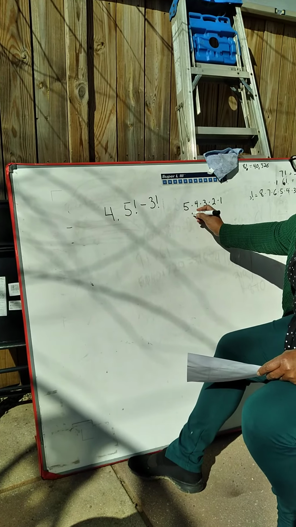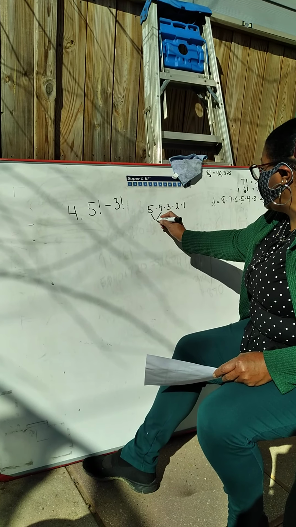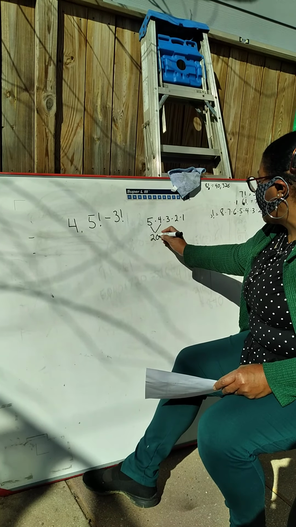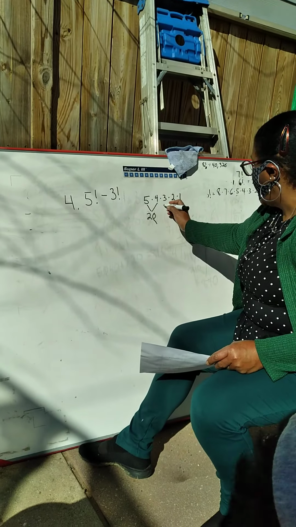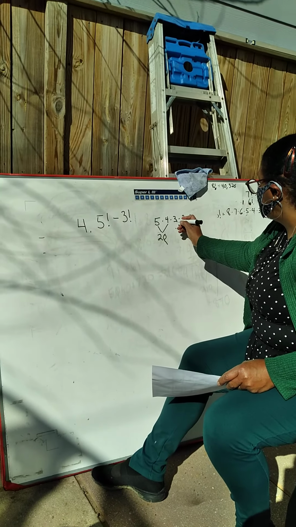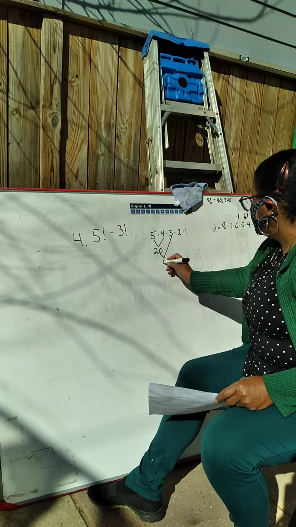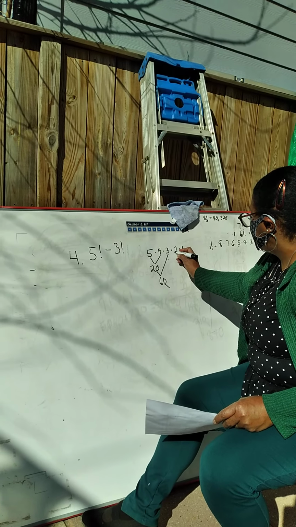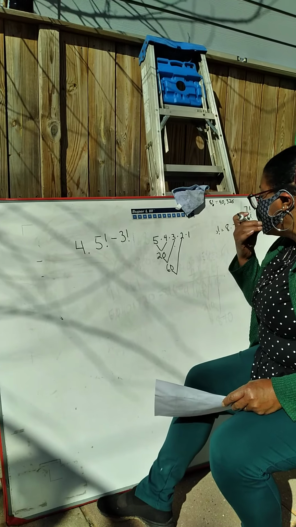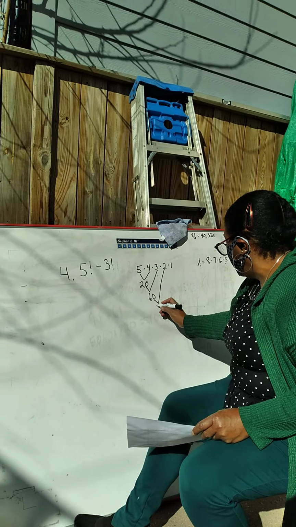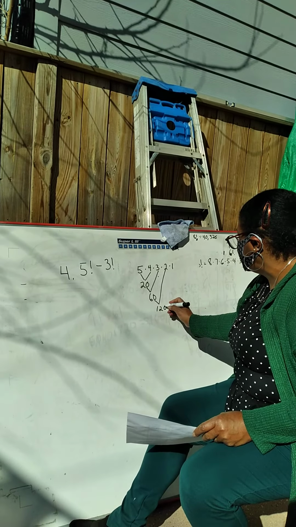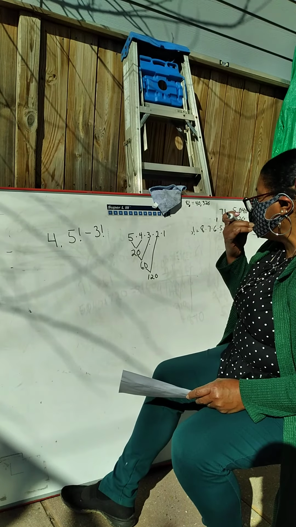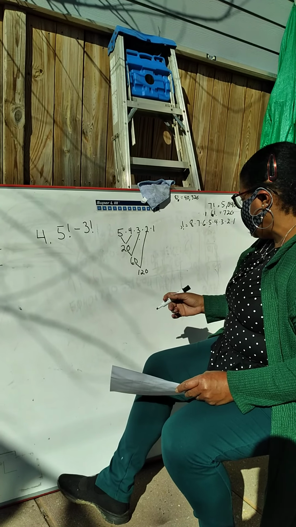5 times 4 is 20. 20 times 3 is 60. 60 times 2 is 120. And of course, 120 times 1 is 120.